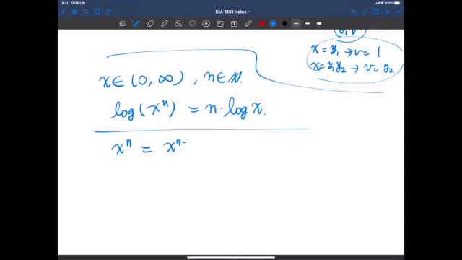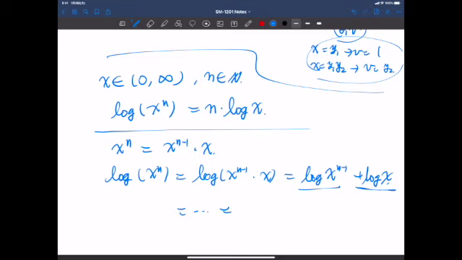So using the lemma, we have log of x to the n minus 1 plus log of x. And then we can decompose this part in the same way. So in the end, there will be n log x's. So that should be equal to n times log of x. And if you want to be more formal, then you can prove this by using mathematical induction. And I suggest you do it.